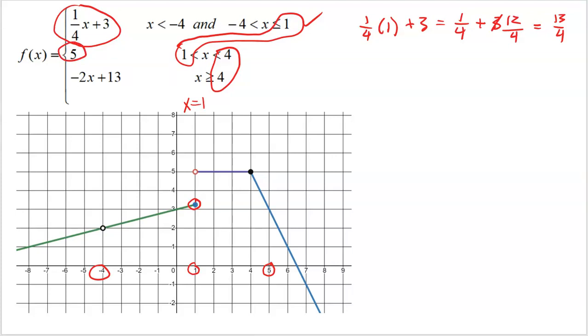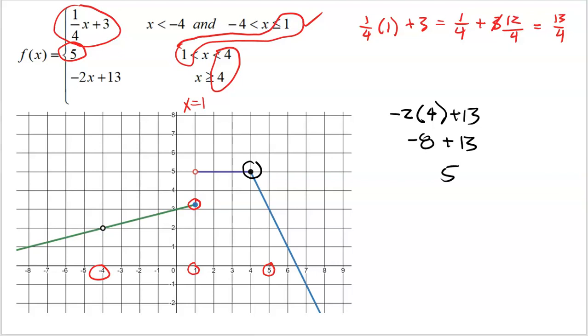So when x equals 1, the 2 parts don't get stitched together nicely. The one side's down at 13/4, the other side's up at 5, and they just don't come together, which creates, guess what, a discontinuity. However, at 4, they do come together. You can see it in the graph. If I plug 4 into this bottom function, I get -2 times 4 plus 13. -2 times 4 is -8, and -8 plus 13 is 5.